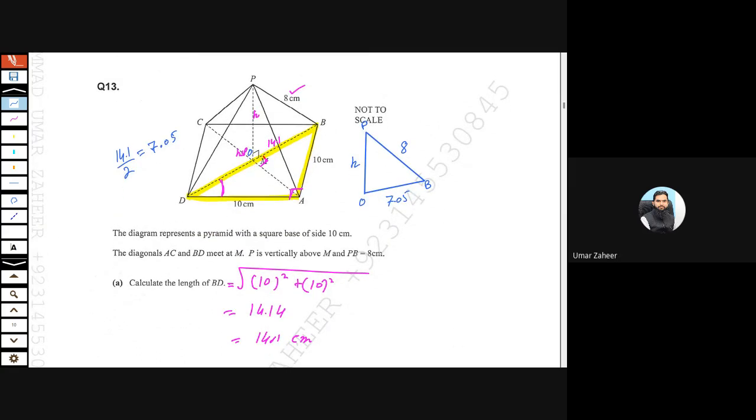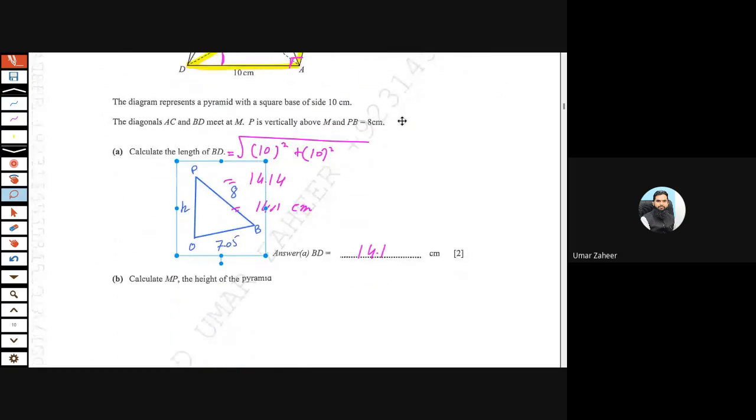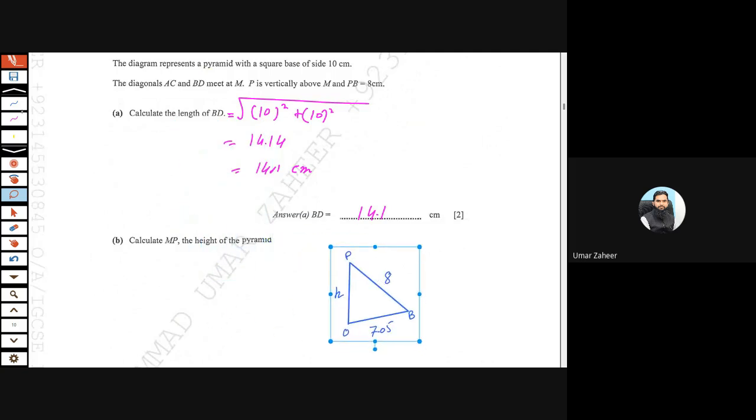So 8 squared is equal to the sum of the squares of the other sides, meaning h squared plus 7.05 squared. Most students just take the unknown squared equal to the sum of the squares of the other sides. That's wrong. You always take the hypotenuse squared equal to the sum of the squares of the other sides.